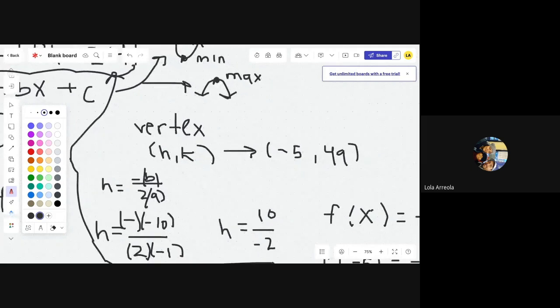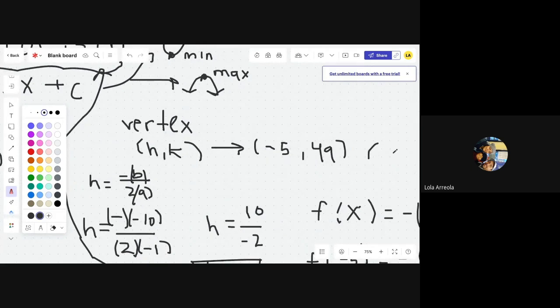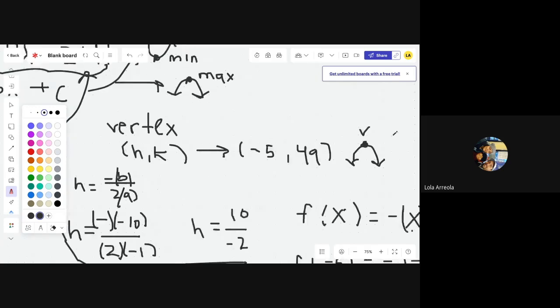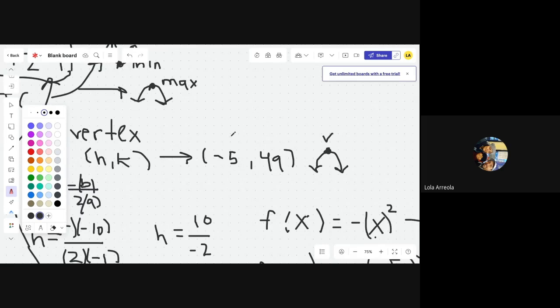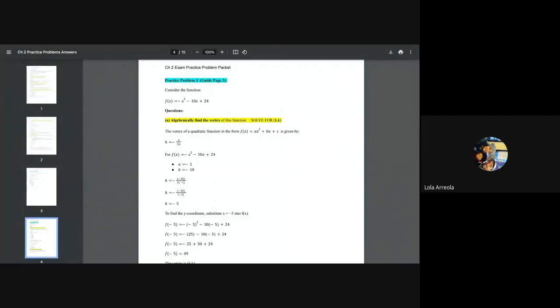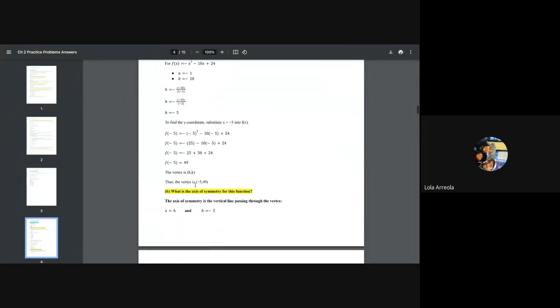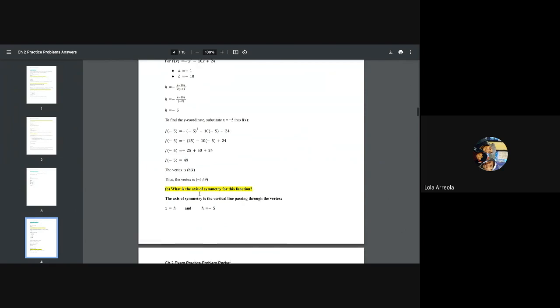So because I have a u pointing down, the vertex I just solved for is a max. So this value would be my max, because my a value is negative. So again, if I go back to the answer key, we just solved for h and k, -5, 49.